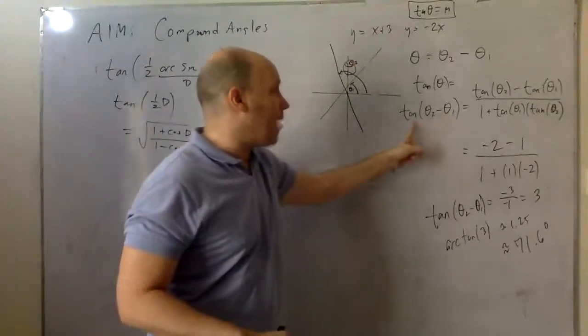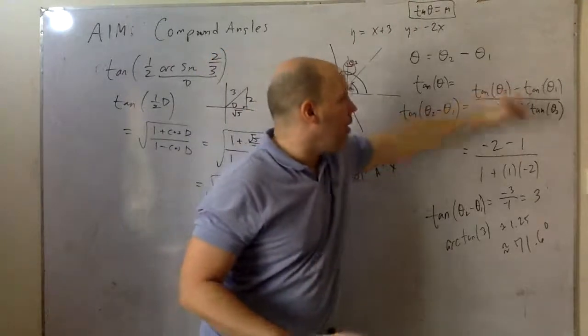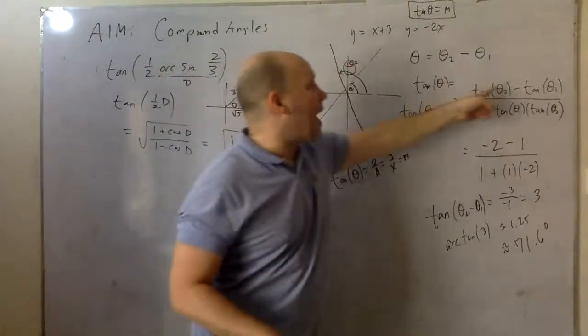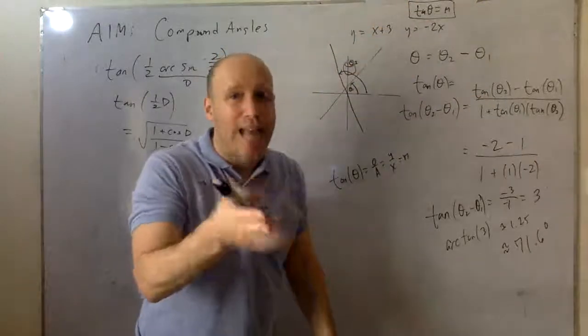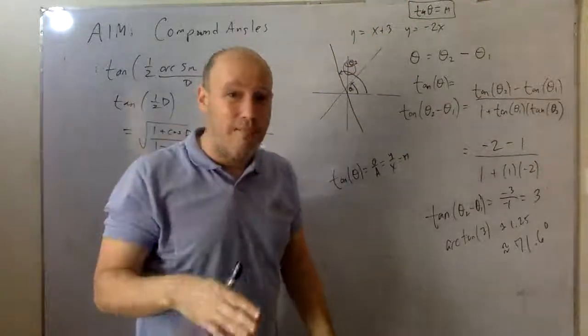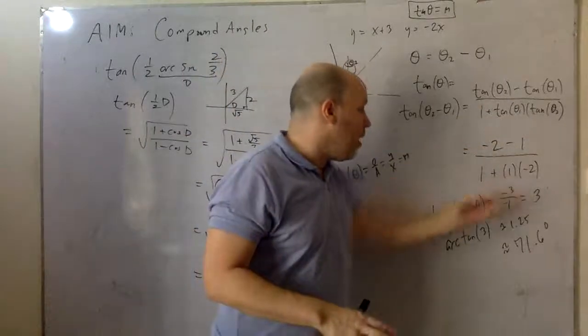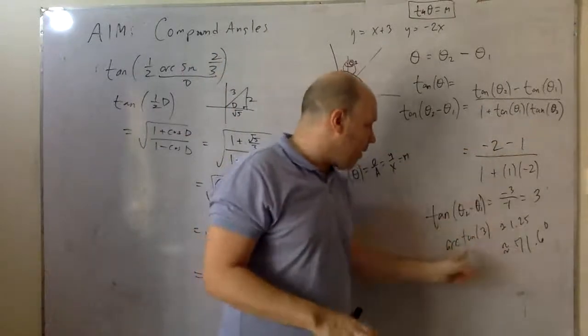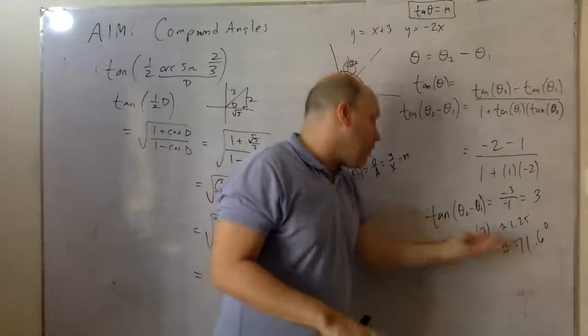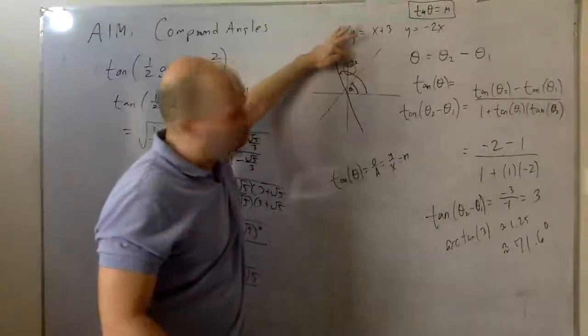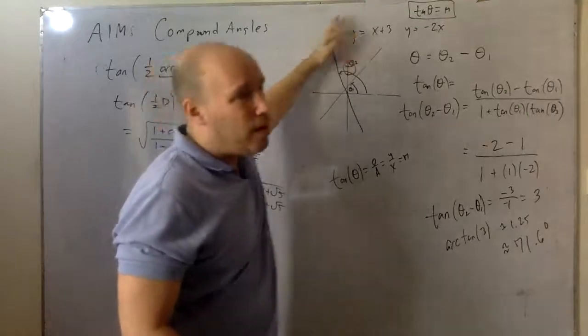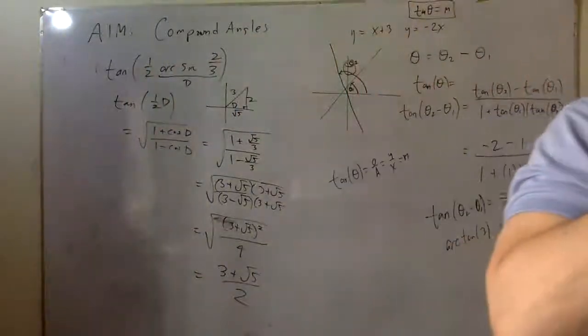The difference of the angles, if we take the tangent of it, we use the formula, and we know that the tangent of the angle is equal to the slope, because the tangent of an angle is y over x, the rise over run. Just plug the numbers into the formula and use your graphing calculator to find the arctan of 3, and that's 71 degrees. The measure of the angle between these two lines is 71.26 degrees.